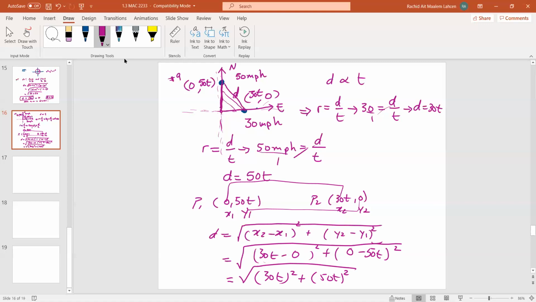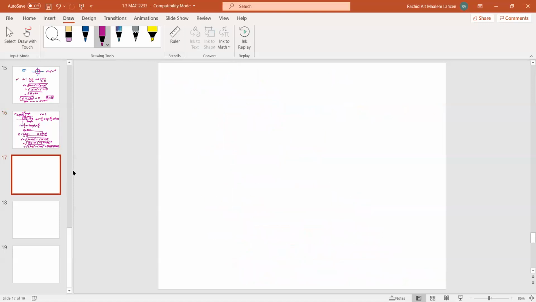All right, so 3 times 3 is 9, so that's 900t squared, and 5 squared is 25, so 2500t squared. All right, so we do 900 plus 2500, times t squared.